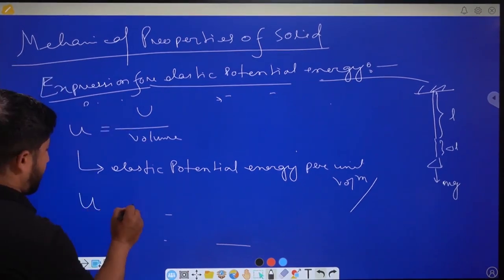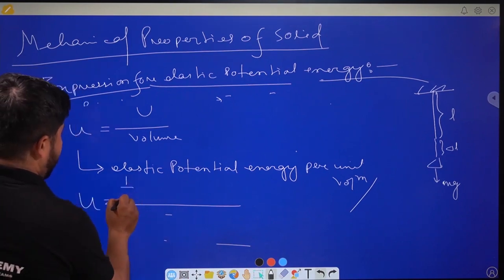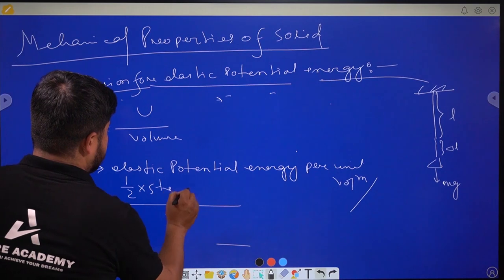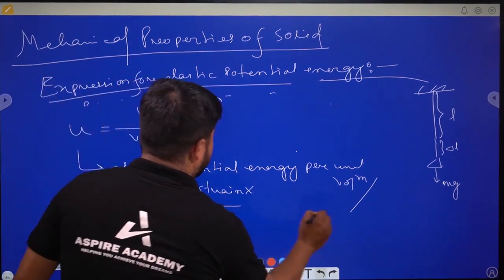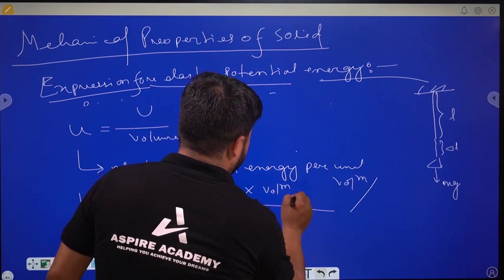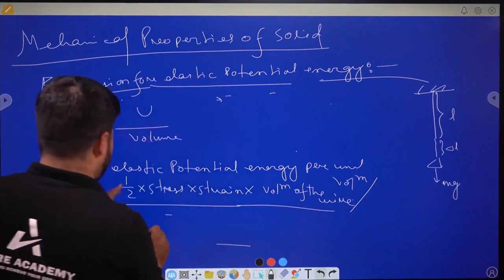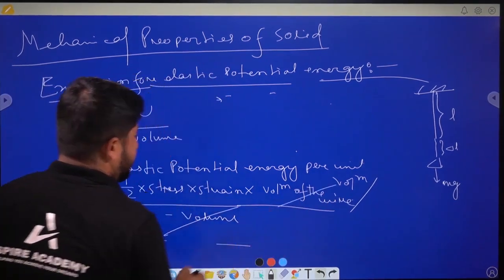Small u means U by V. So capital U is equal to half into stress into strain into volume of the wire, then divided by volume. Volume and volume of the wire cancel each other.